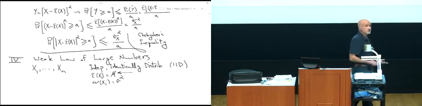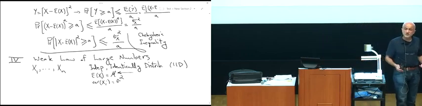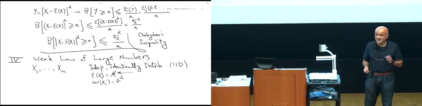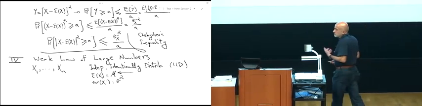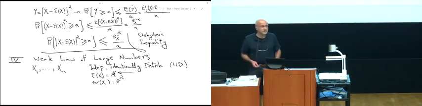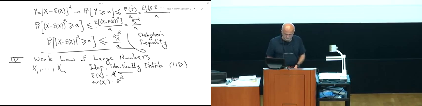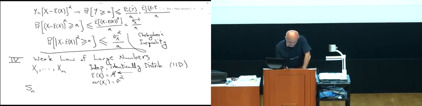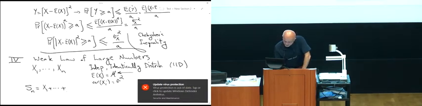The problem is I don't know what mu is. Unless I go and poll every single person in the United States, I won't know the exact value of mu. And I don't want to know the exact value of mu. I just want to have a reasonable estimate of mu. Okay? I can define the sum of these random variables as this.